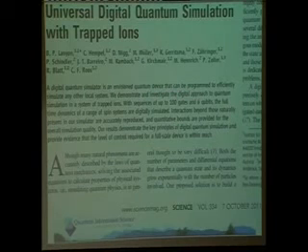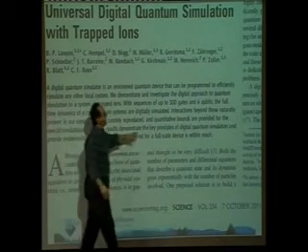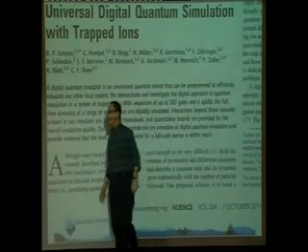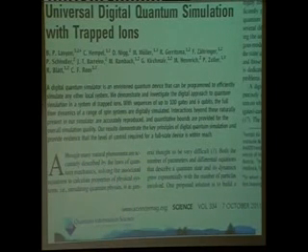But if they get to the universality with more complicated Hamiltonians, then the sequences get longer. And here you can see that they're doing 100 gates and 6 qubits, and they're getting decent fidelities, not scalable by any means, but they're doing that universal digital simulation. This was out in Science back in October 2011. So, there's a lot of work planned right now to start doing these experiments in quantum simulation.